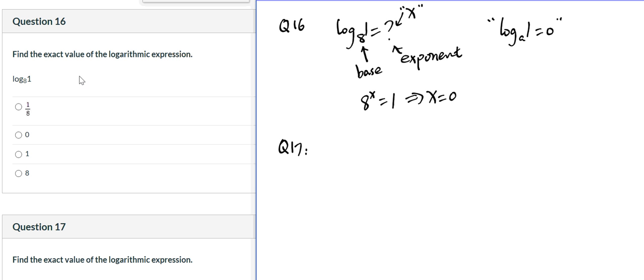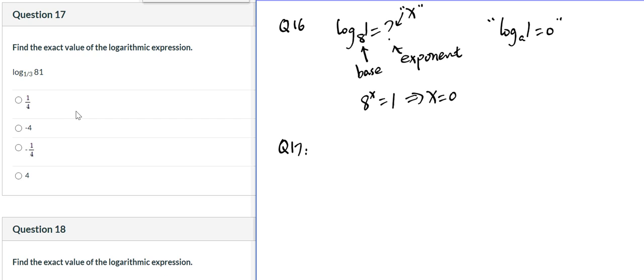Question 17. We again want to find out the exact value. We are given log base 1/3 of 81. Again, we need to make x right here to help us think.